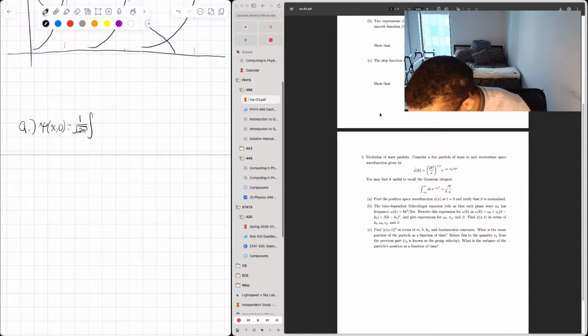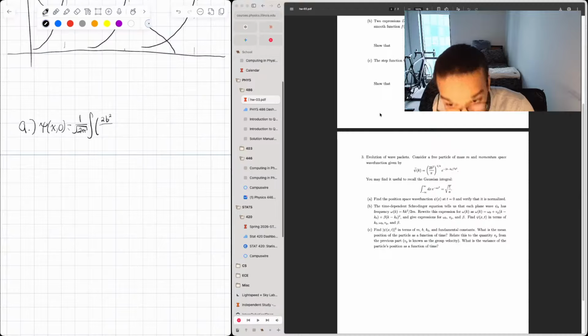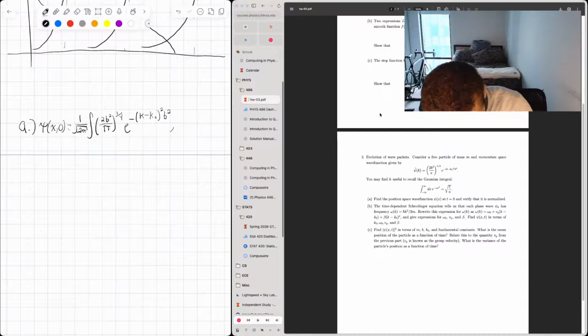So we're going to have just times e to the ikx, 2b squared divided, because t equals 0.